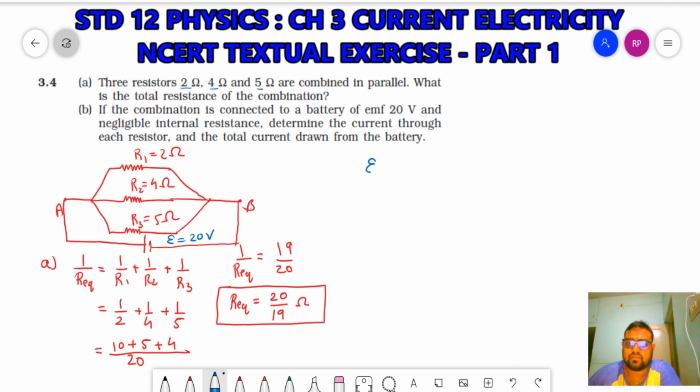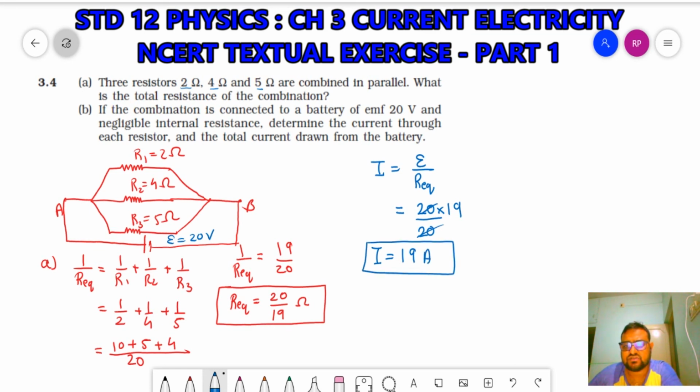Here I can use the formula: the current flowing I is equal to epsilon upon R equivalent. I'm not using plus small r because the internal resistance is negligible. What is the EMF? That is 20 volt. R equivalent is 20 by 19. Cancel. So I is equal to 19 ampere.